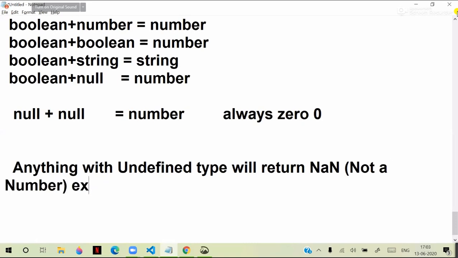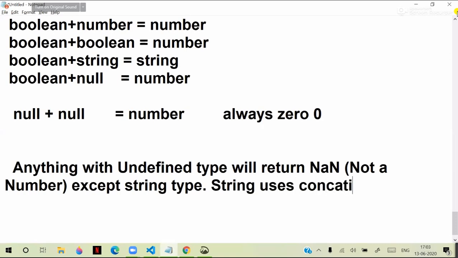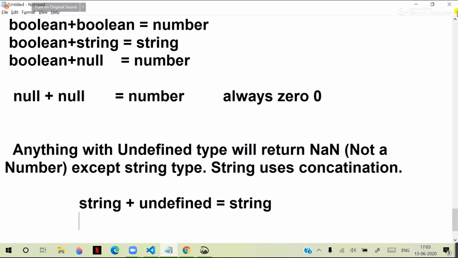Except the string type, because string uses concatenation. That means string plus undefined returns a string only.